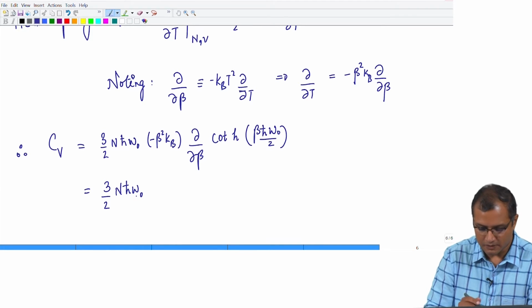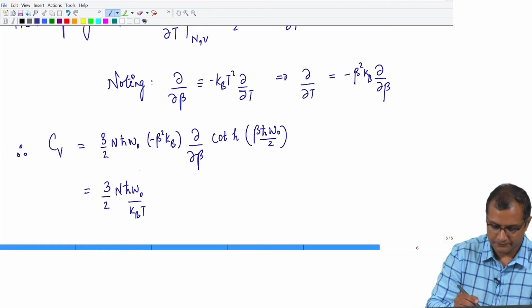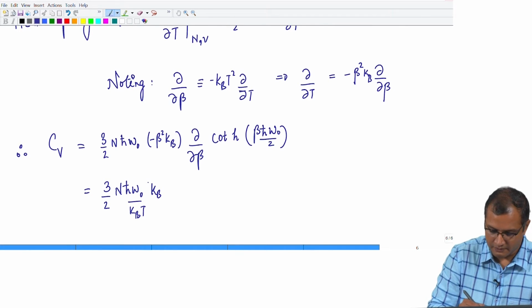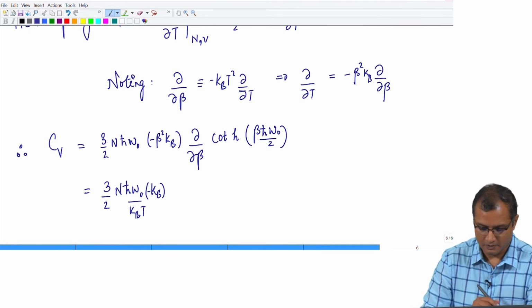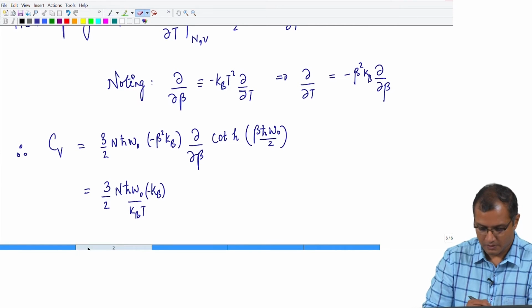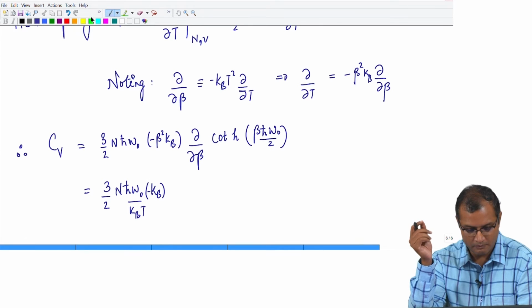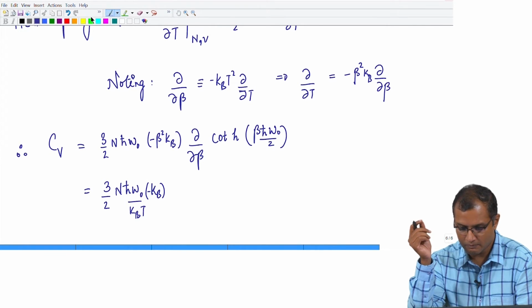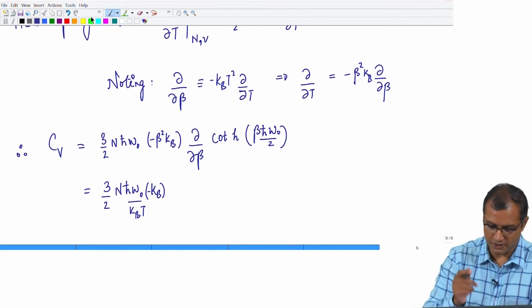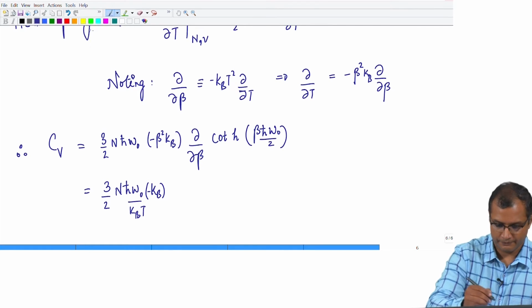So beta square kB can be written as 1 by kB T square.